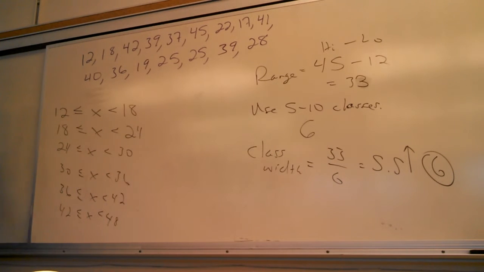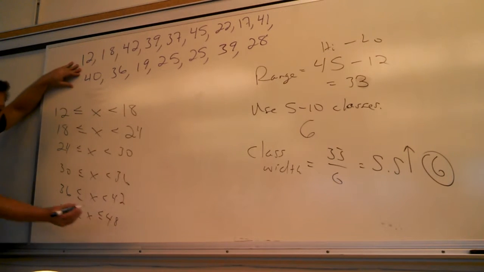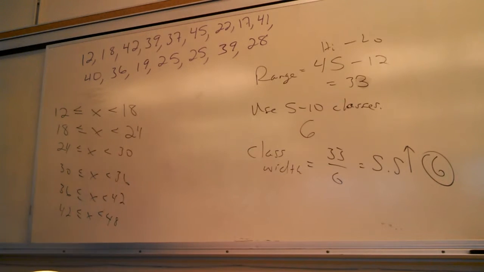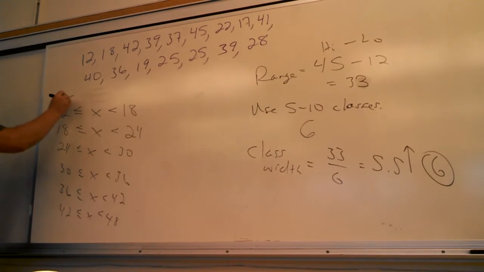If there was a 48 in my data, I would be allowed to just suck that 48 into the last set. That's the one time I would be allowed to do that. Because how many classes do I have written up here? 6. Good. That's how many I wanted. So I wouldn't want to make it a whole other class just for that one little data point. Okay, so this is my classes.